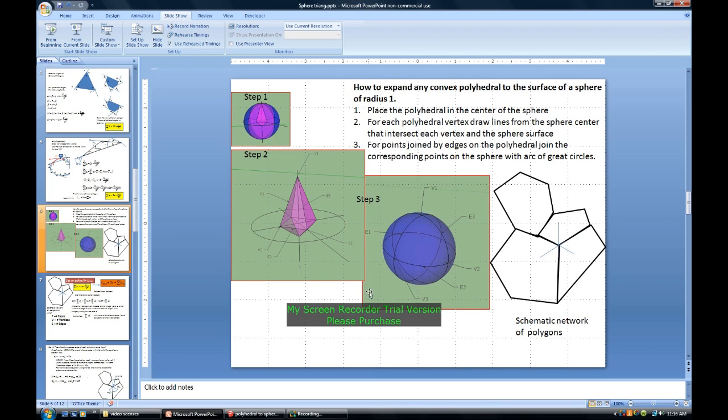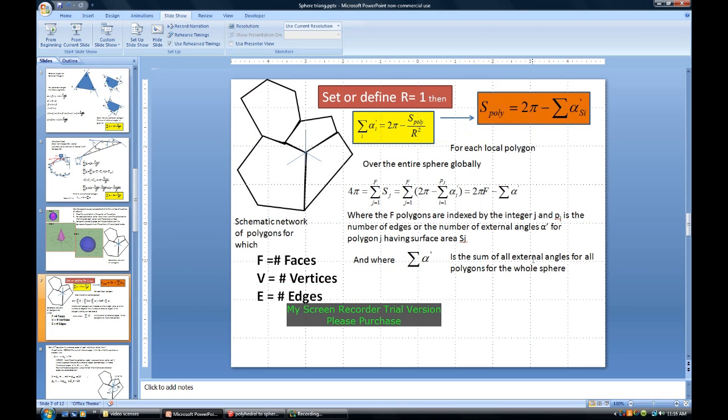So it's basically a three-part process, and what you end up with for mathematical purposes is a schematic network of polygons that you can solve relationships between the edges and the vertices and the faces of the polyhedral. Then the next step is to find relationships between the number of faces, the number of vertices, and the number of edges.